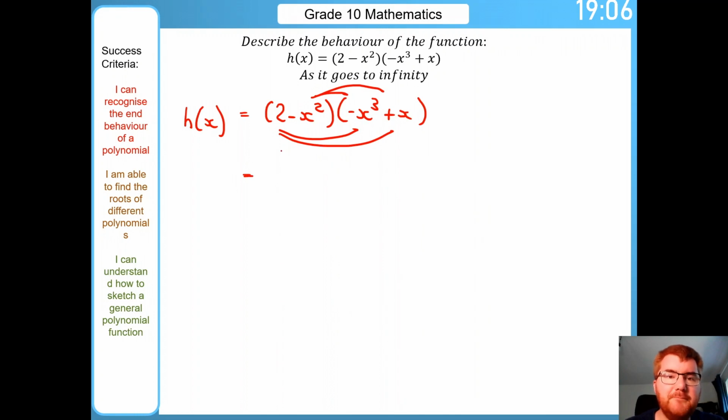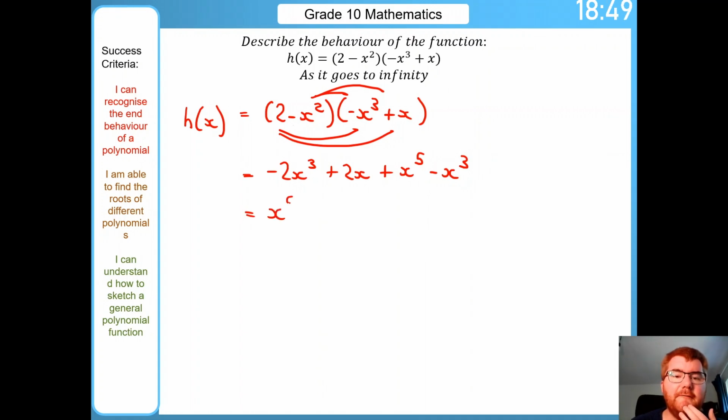If I do this quickly, we get minus 2x cubed, outside term plus 2x, inside term plus x to the power of 5. Careful, negative times negative is a positive, and then we have negative x cubed. So if we collect this together, we get x to the power of 5 minus 3x cubed plus 2x.